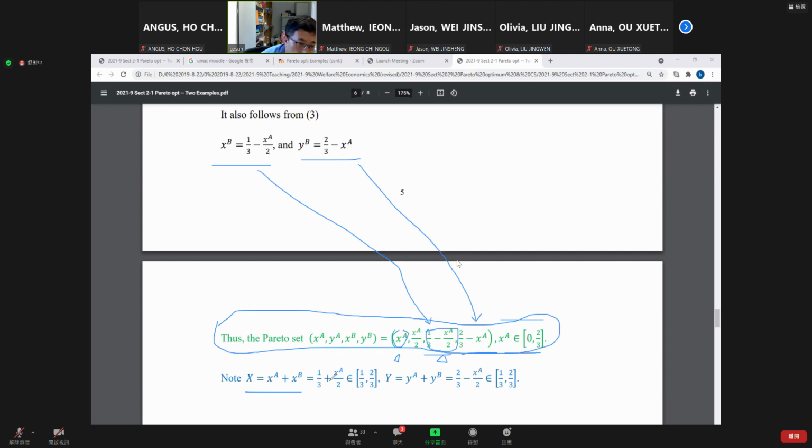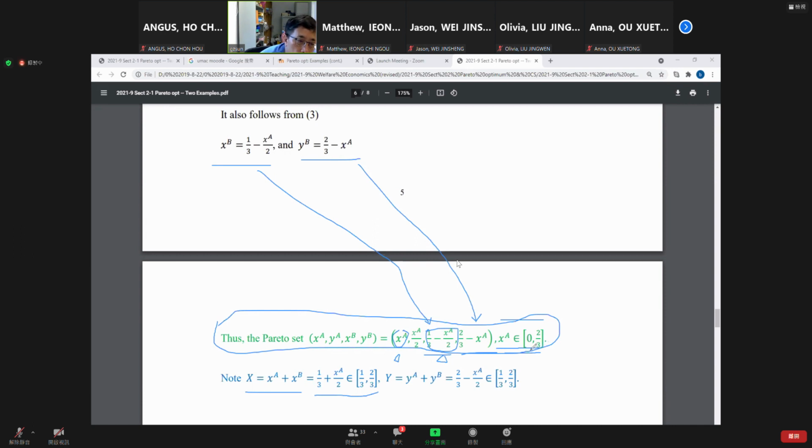So therefore we get positive half XA. So we should organize our production of X at this level. And so again, let me emphasize, XA is not a fixed point. It's instead a variable. XA can be taken from this range. Any number is okay. Any number is acceptable.